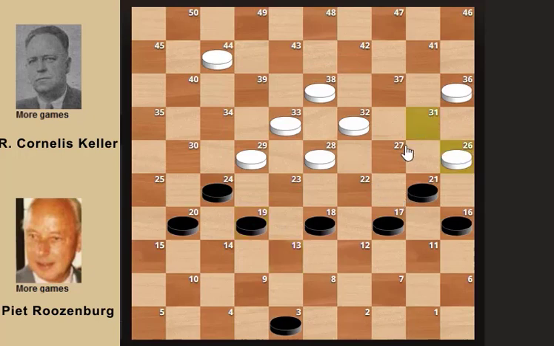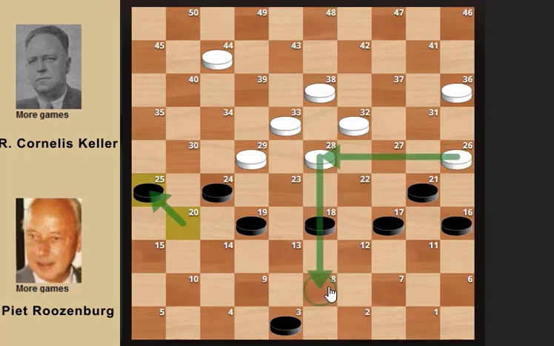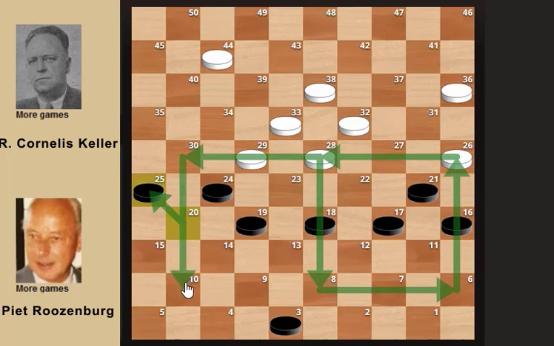Okay, so Keller played 31, 26. This move was answered by playing 20, 25. So if you draw the square, then we have a double square.